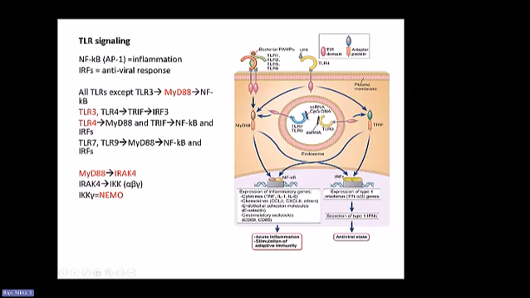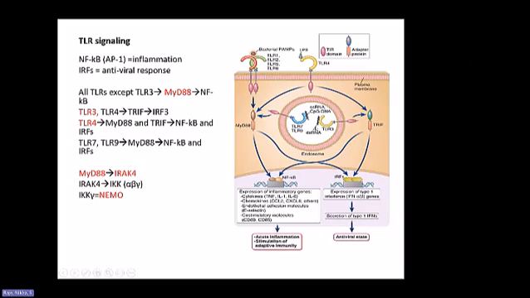However, TLR3 and TLR4 can both go through this particular pathway that involves TRIF and TRAF, followed by activation of IRFs. So antiviral response. TLR4 basically can end up going in both directions, MyD88 and TRIF, to produce both inflammation as well as antiviral state.